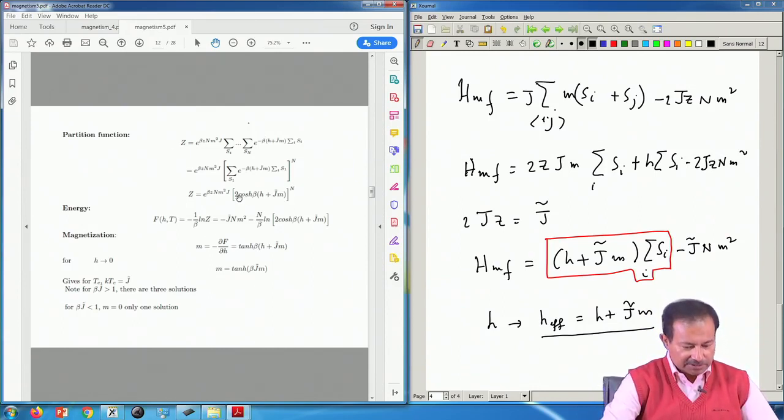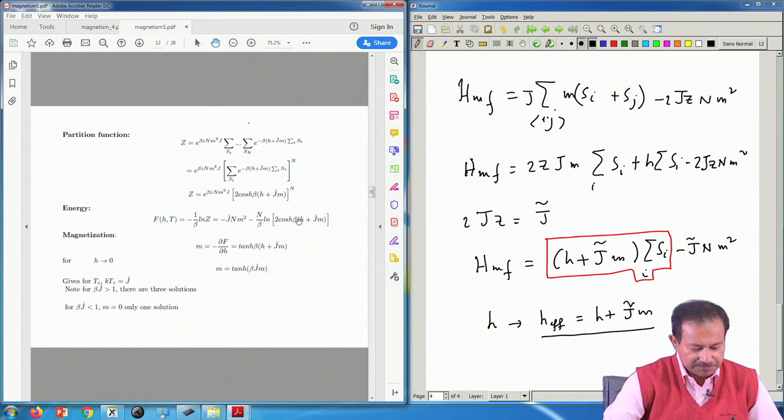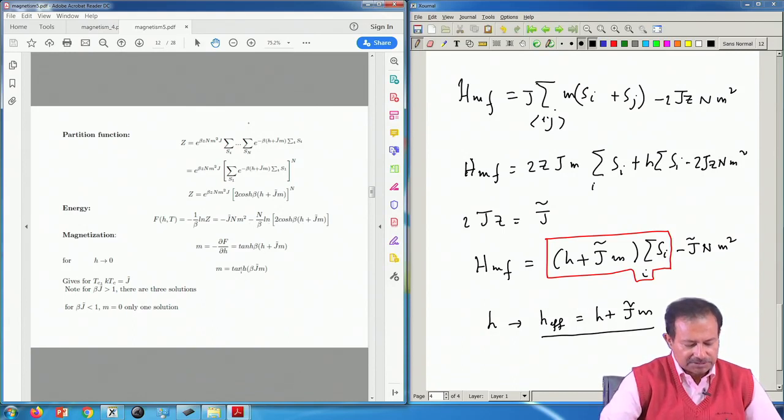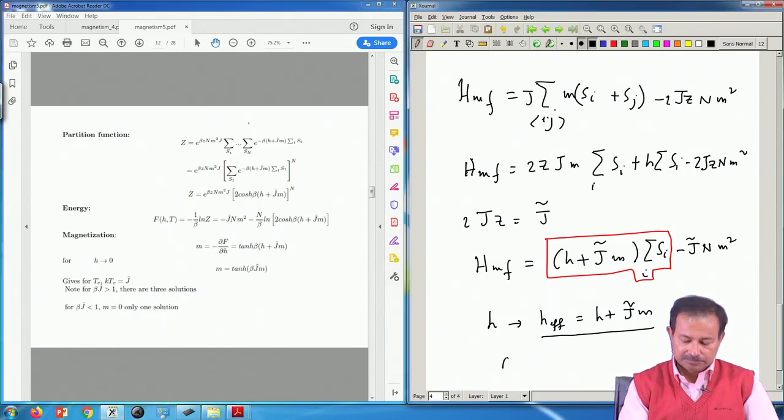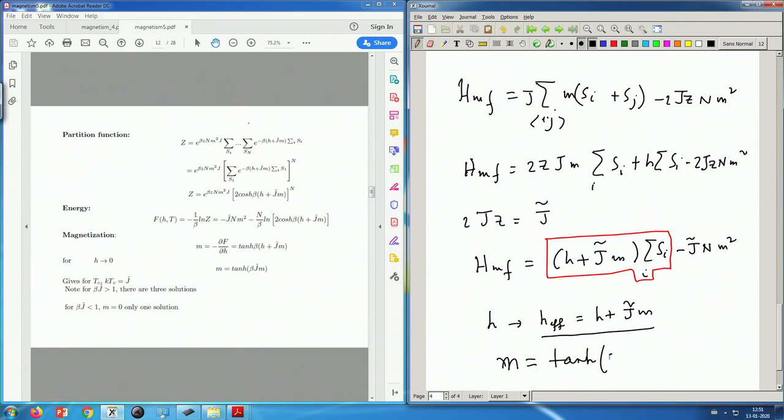So, one just goes about doing the same thing. You again get that cosh factor, then if you want to calculate magnetization, you just take a derivative of the free energy f with respect to h with a minus sign, and the result is m equal to tanh of beta times (h plus J tilde m).